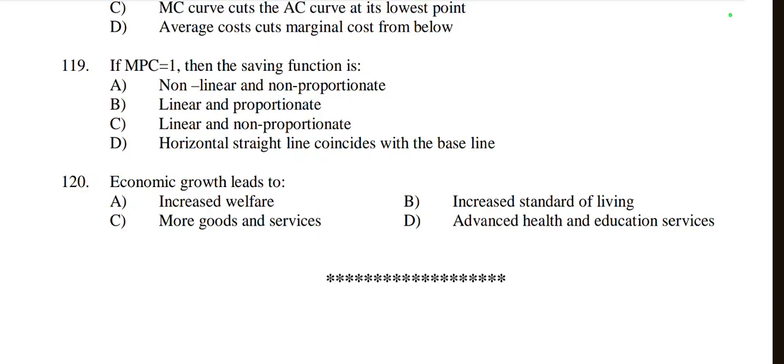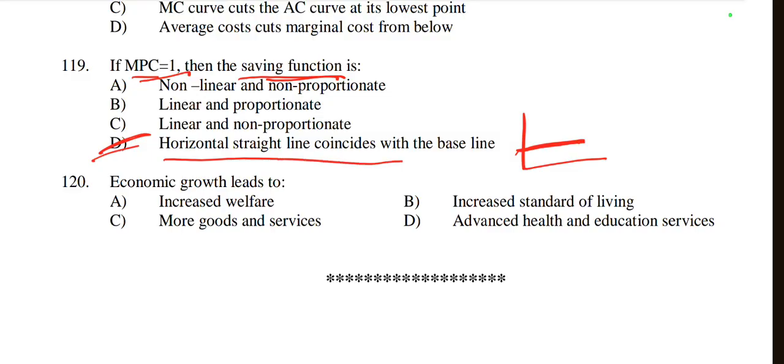Yes, when MPC is equal to 1, then the saving function is a horizontal line coinciding with the baseline, because MPC equal to 1 means that all additional income is spent and nothing is saved. So the saving function would be a horizontal straight line at 0, coinciding with the baseline, indicating no saving regardless of income.